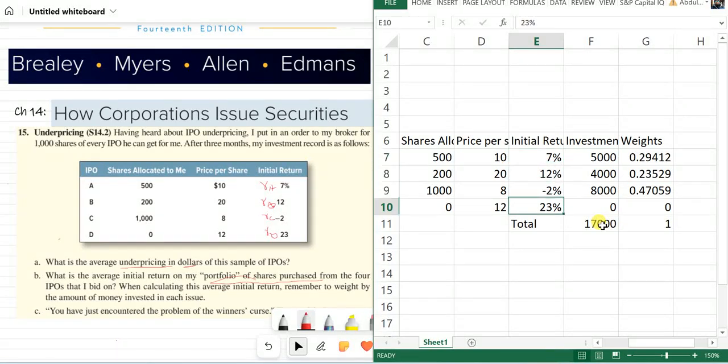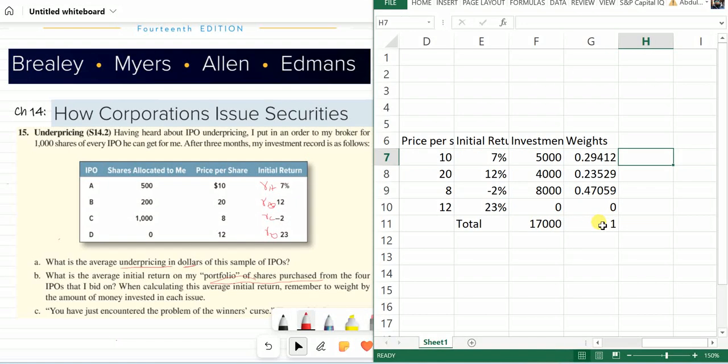And then we have all these returns. What we can do is multiply the weight with the return. So here is our weight and here are our returns. Multiply all.